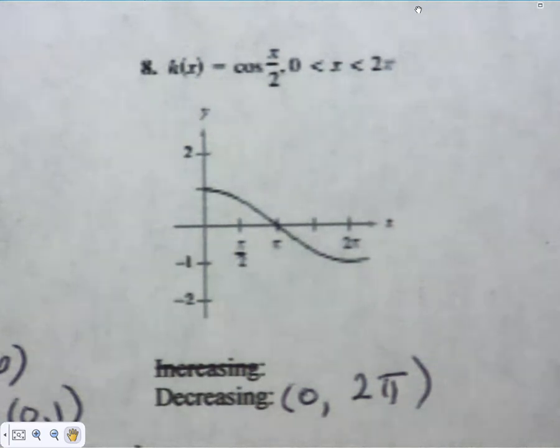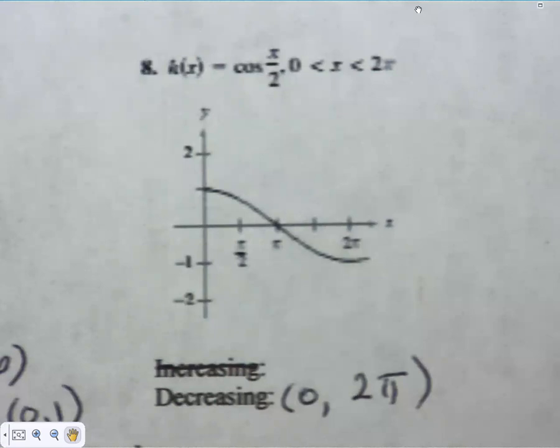All right, so how does calculus tell us where a function's increasing and where it's decreasing? It's easy to look at the graph and see it, but how can you tell where it should be increasing and decreasing if you haven't graphed it yet? Got any ideas? How could we use calculus to tell us?